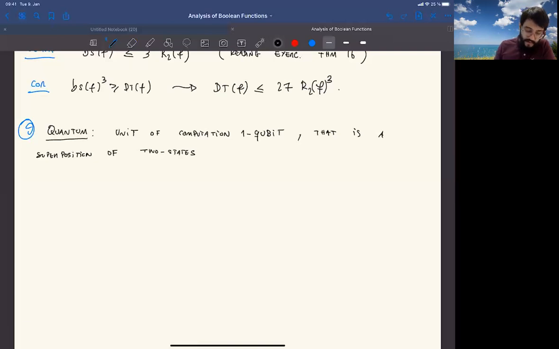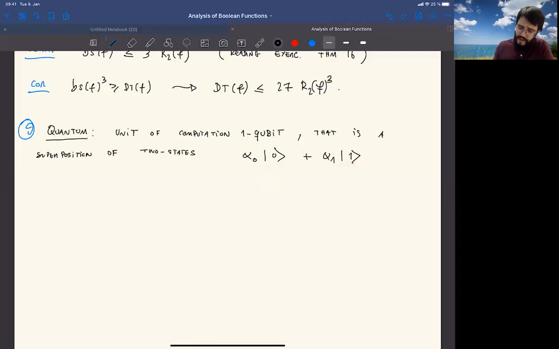It will be something of the form alpha 0 times the vector 0, plus alpha 1 times the vector 1. I'm following the ket notation here, ket with a K, and these are ket vectors. This symbol could be replaced by, I don't know, your favorite musicians. This could be Clapton and this could be Hendrix. They're just symbols.